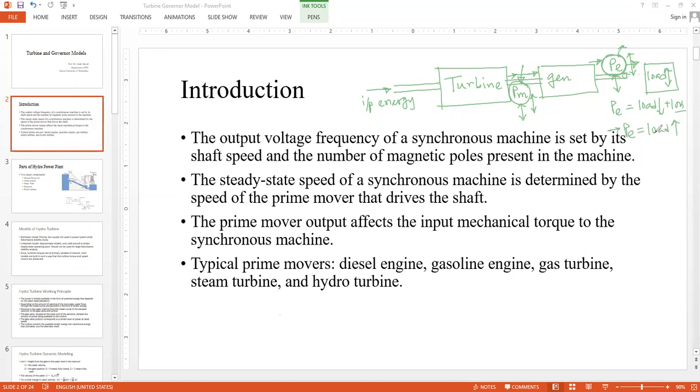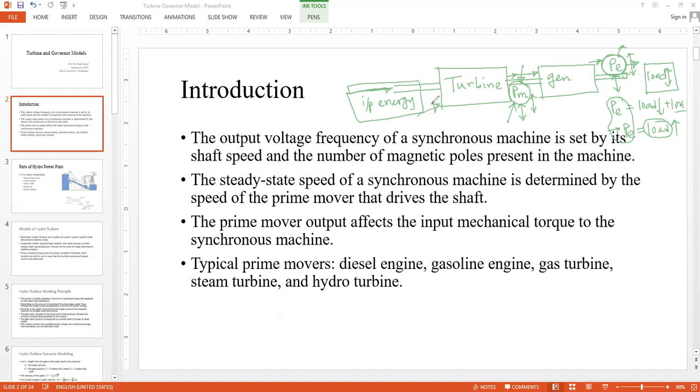In that case you have to go for some load shedding, some reduction in the load. Thus you have to incorporate some sort of control mechanism at the turbine so that you can have control of PM, and that is only possible by controlling the input energy to the turbine.